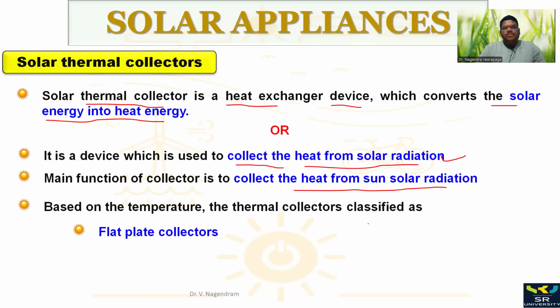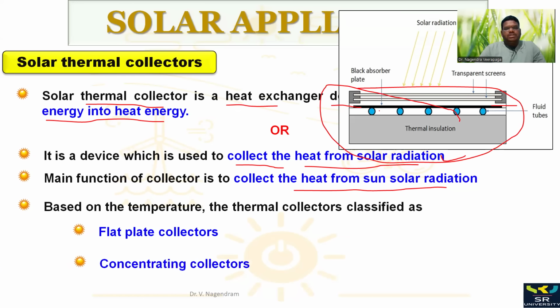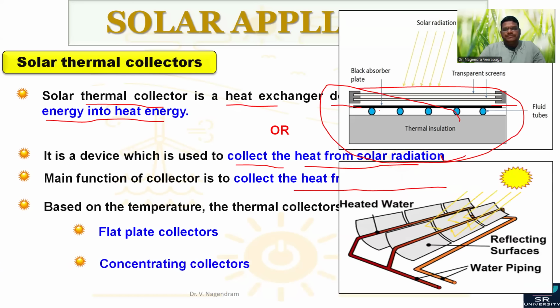One is the flat plate collector, where we have a complete flat plate. This we will discuss further in the coming slides. The next one is the concentrating collector, which works on different systems. It will reflect the solar energy. That we will discuss in the coming slides.